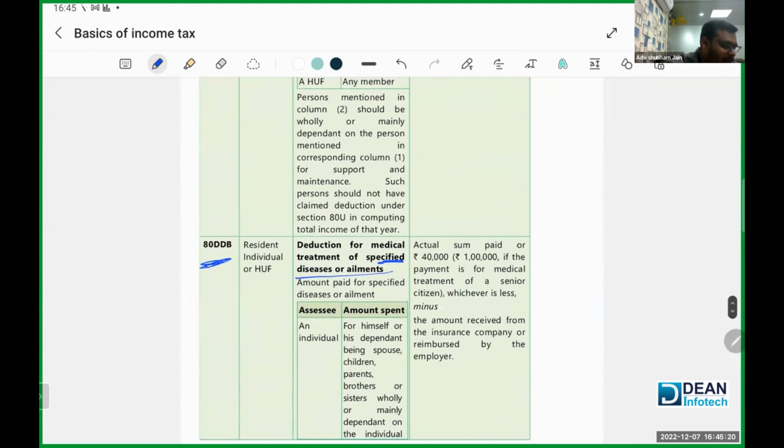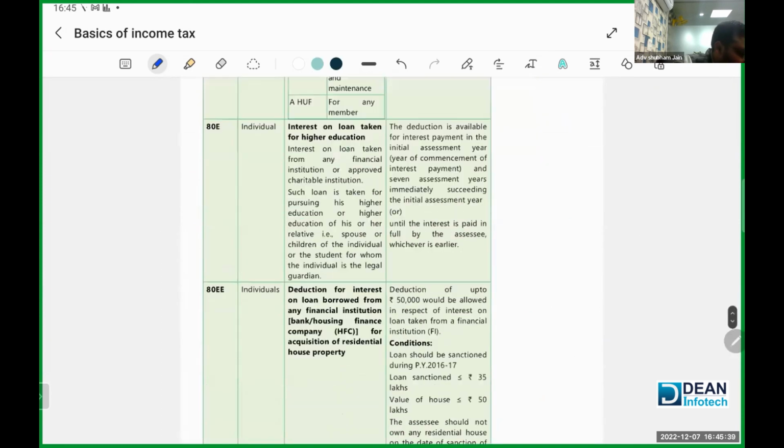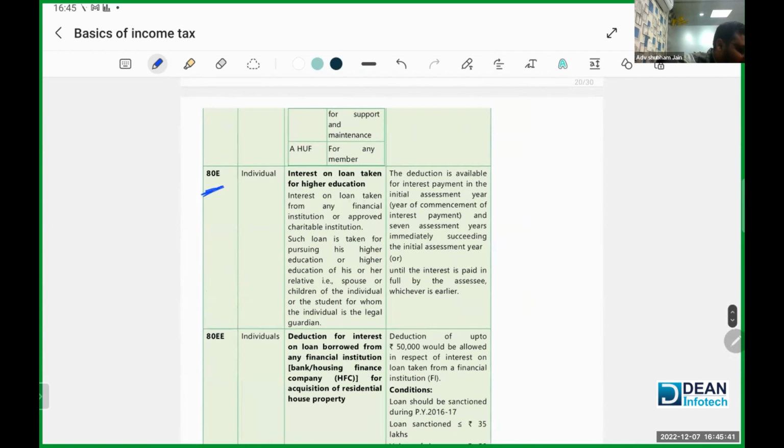You can claim deduction up to rupees 40,000 and 1 lakh if the payment is for medical treatment of senior citizens. This is only for parents. If you are doing this treatment for your parents, for himself or his dependent being spouse, children, also you can claim for yourself also. 80DDB.